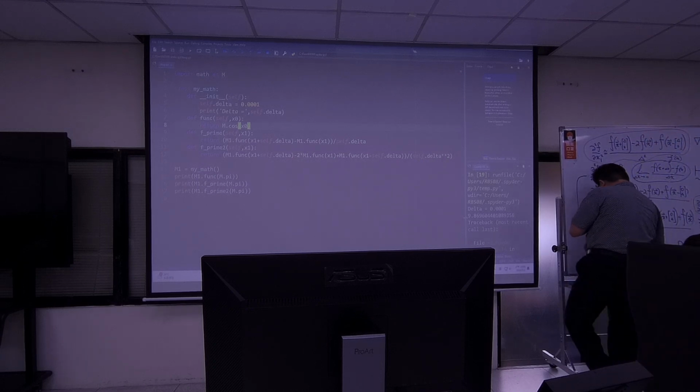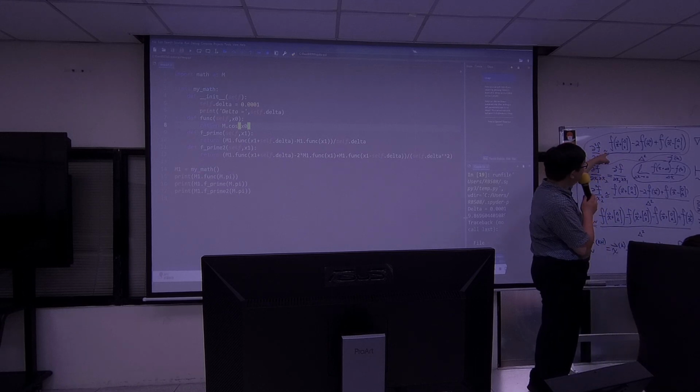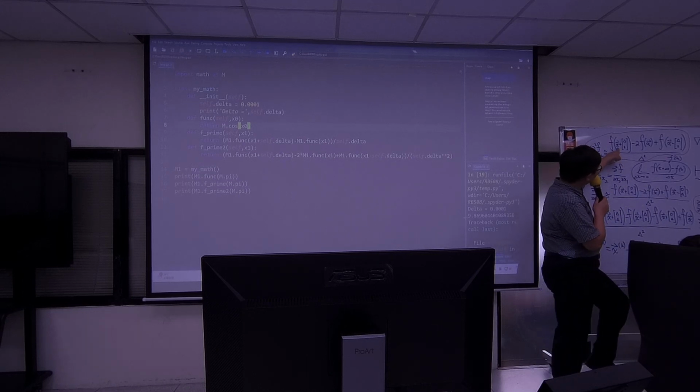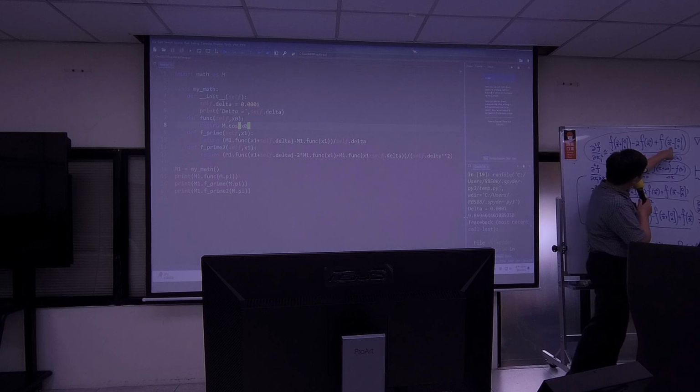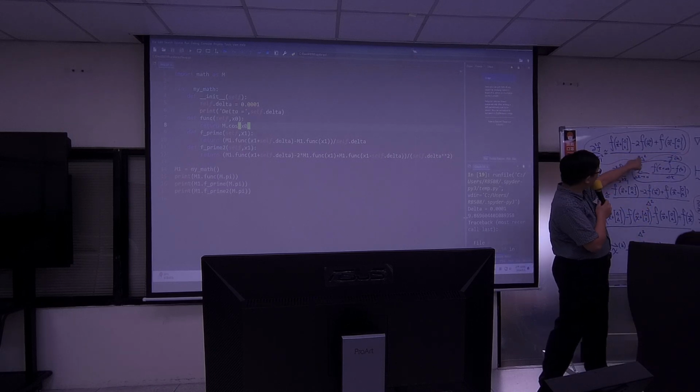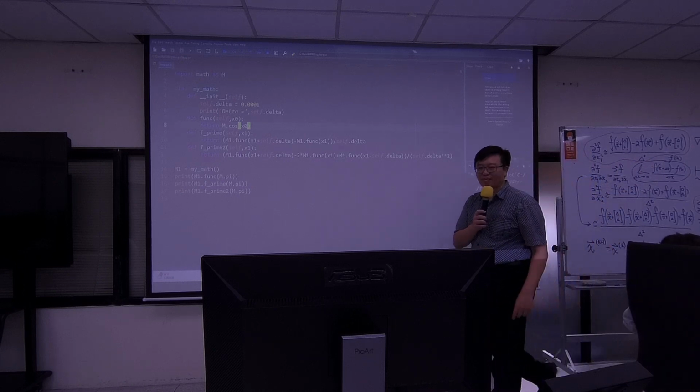So you increase x a little bit, minus 2 times f of x, plus decrease x a little bit, and then plug in f, divided by delta squared.